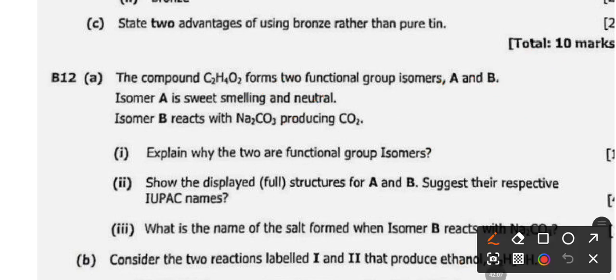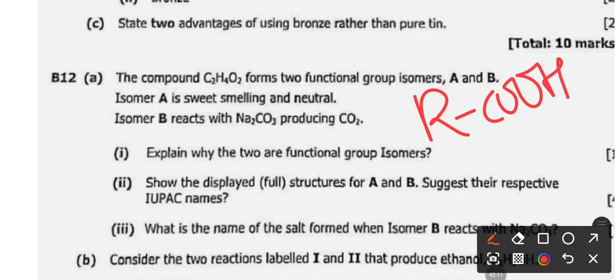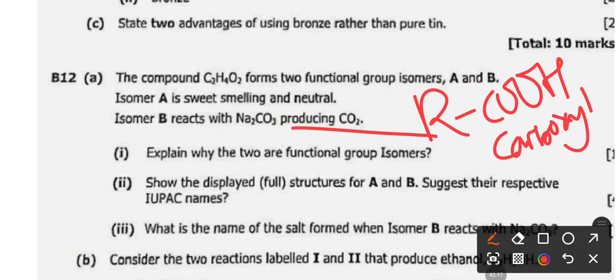For example, for carboxylic acid, the functional group is this one, called a carboxyl functional group. That is for B. Then for A, if I'm not mistaken, it is shown like this. It is an ester functional group.